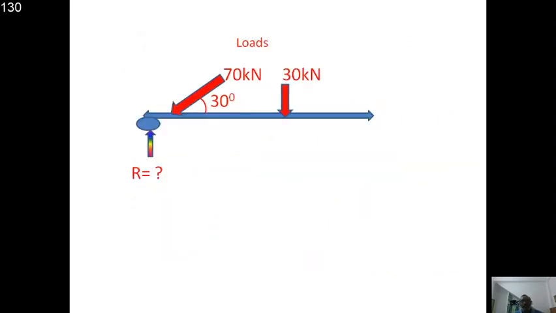Coming to the same problem we saw here, the hinge support offers resistance to inclined forces also. The inclined force has been resolved into two components, in the y direction and x direction.